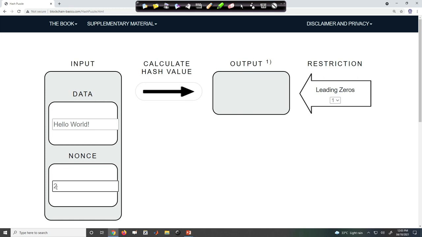I try with 2 and then I again click on calculate hash value, but again I do not get the satisfactory answer. That means the first hexadecimal digit is not 0. Now I try with something else and then I click it, and then also I am not able to get the correct solution.